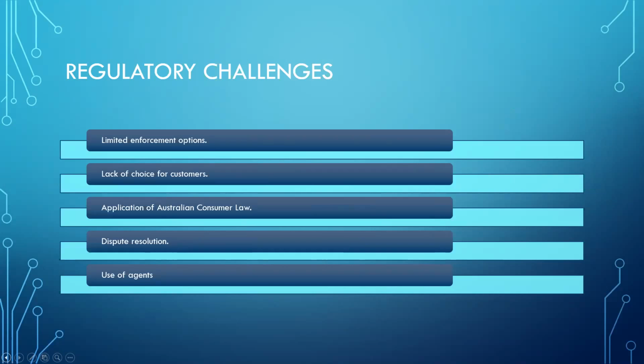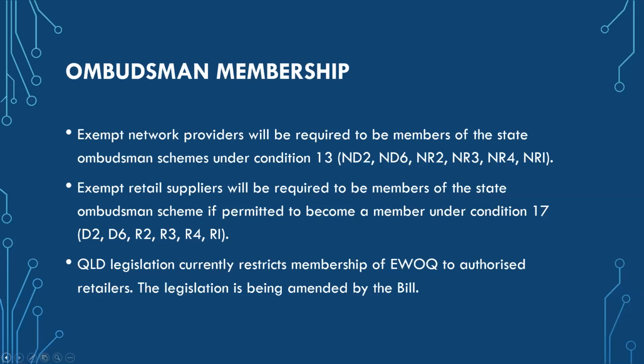The AER has been particularly active recently in the dispute resolution space with the introduction of provisions relating to exempt network operators needing to be part of relevant ombudsman schemes, although that, of course, is under development.